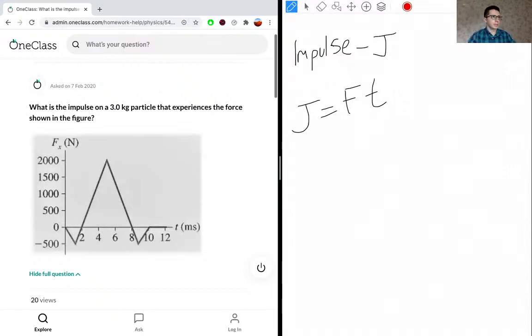So give me a second actually. So actually, J should be equal to the integral of force dt.